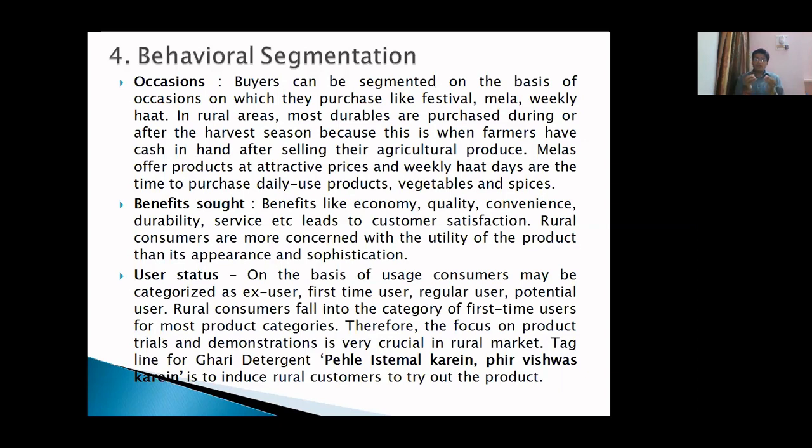This is how Ghari has induced rural consumers to try their new product. This was a good, successful campaign from Ghari.